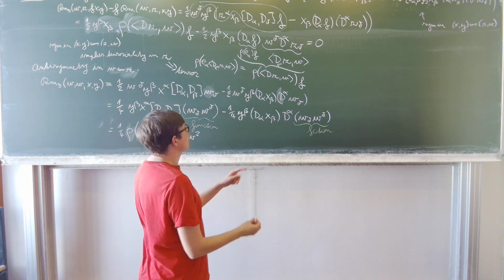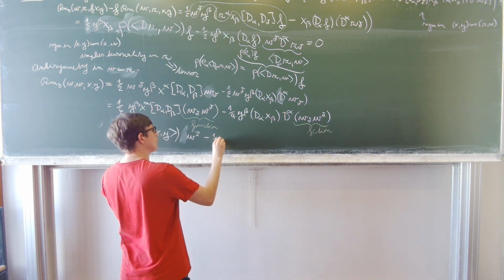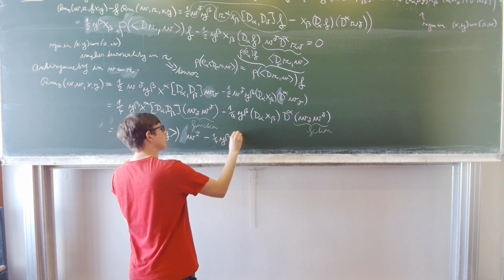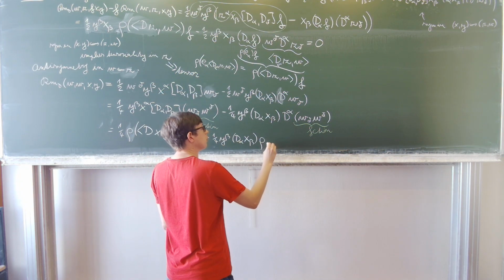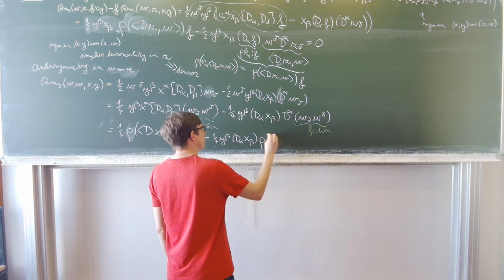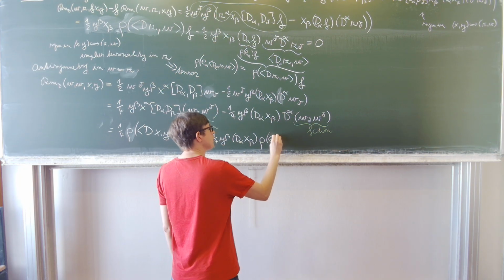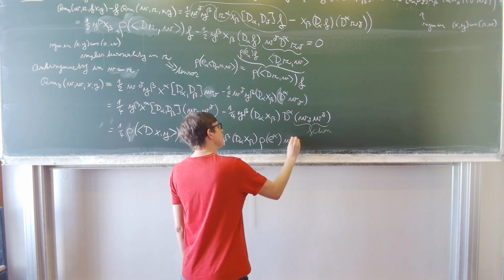And in the second case, I have an anchor map, rho of rho e alpha acting on w squared.